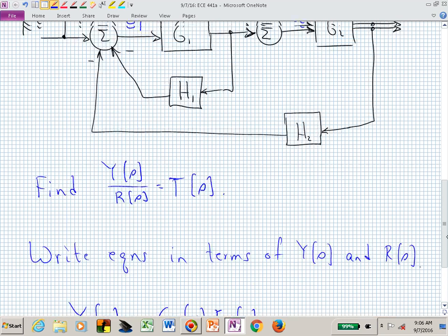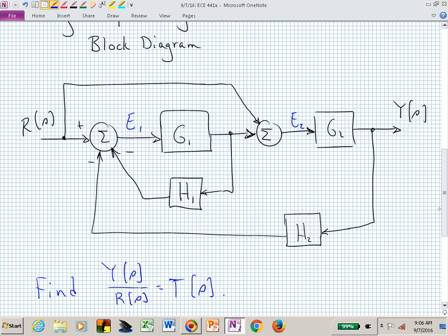And let's try to express E sub 2 as what it is. It's the output of the second summing junction. Let's now identify some description of the inputs to that summing junction. E2 has two inputs that it's made up of.